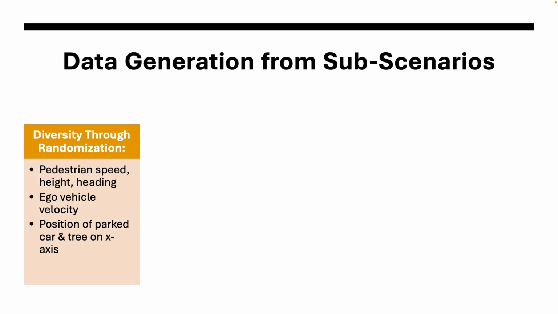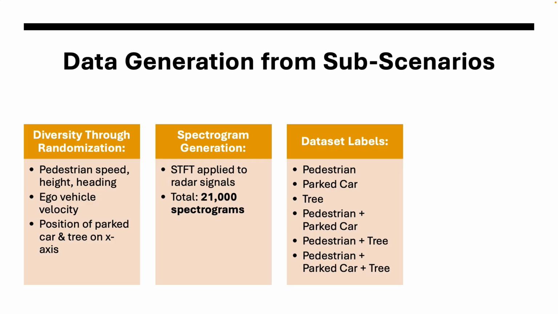To simulate real-world complexity, we randomize some key elements in our environment, such as pedestrian characteristics, object positioning, and vehicle speeds, while maintaining structural consistency. Each radar return was transformed into a spectrogram using the short-time Fourier transform for micro-Doppler feature extraction.